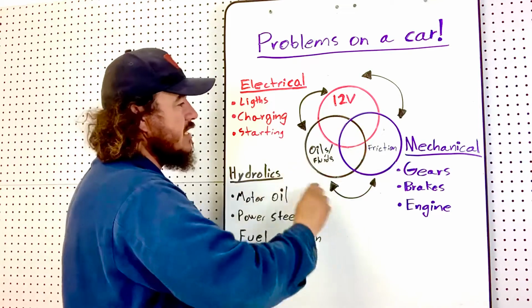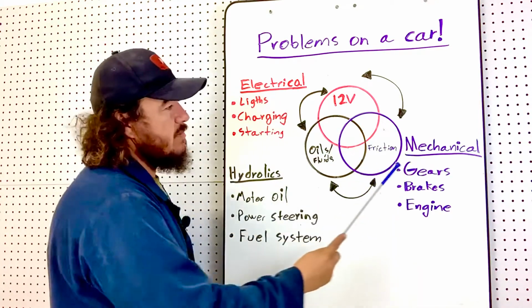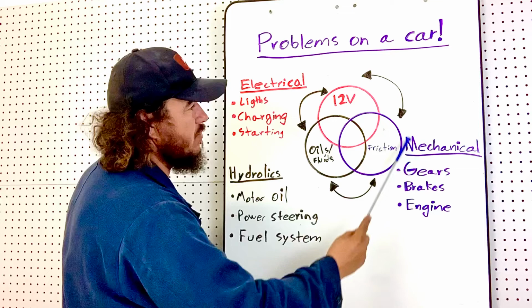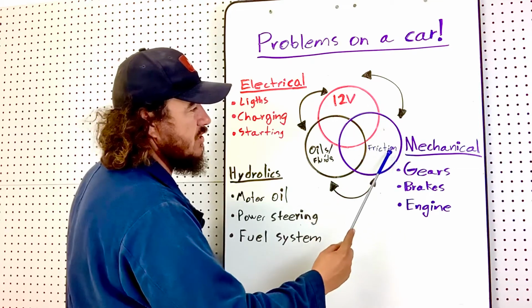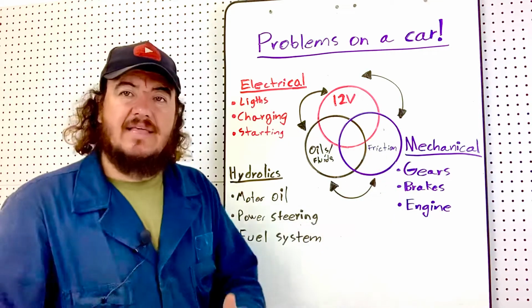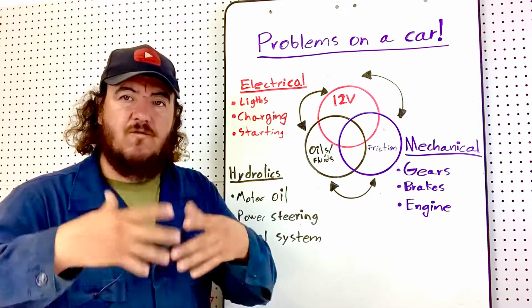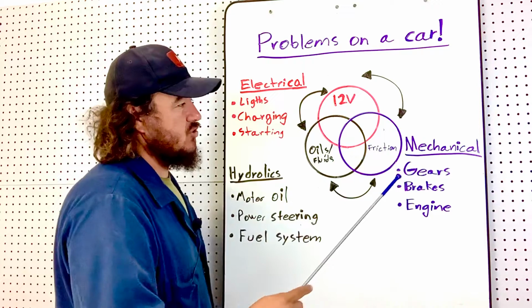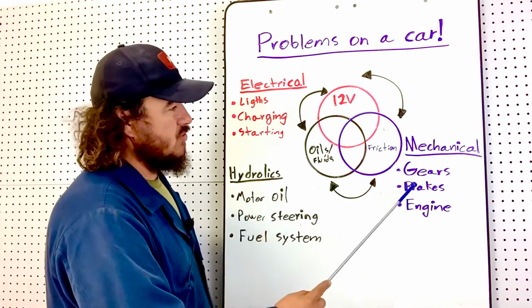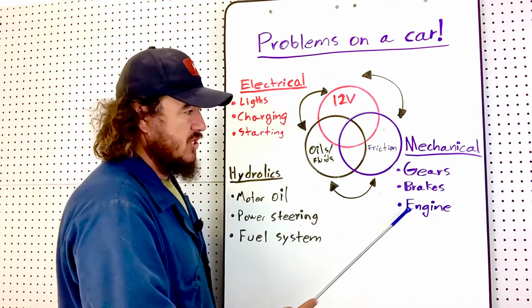So for the mechanical, we have put a purple circle, and that's friction, or anything, a body that pulls or turns another physical body with a force. That's mechanical, so that'll be gears, brakes, engine.